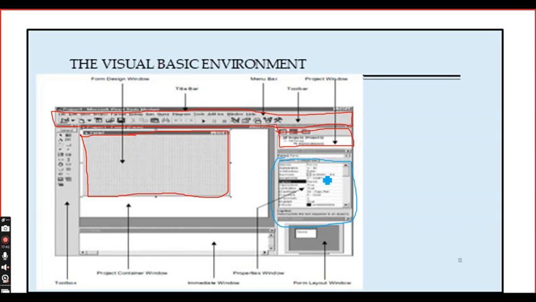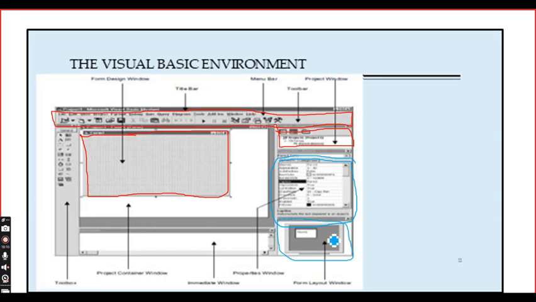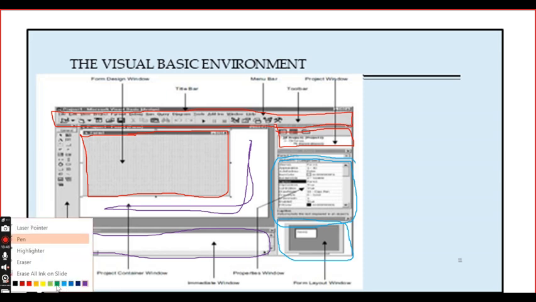In design mode, this is where you design the interface of your application. The second one is the code edit mode, where you write or type the instructions that are associated with the controls. And the last mode is the execution mode.